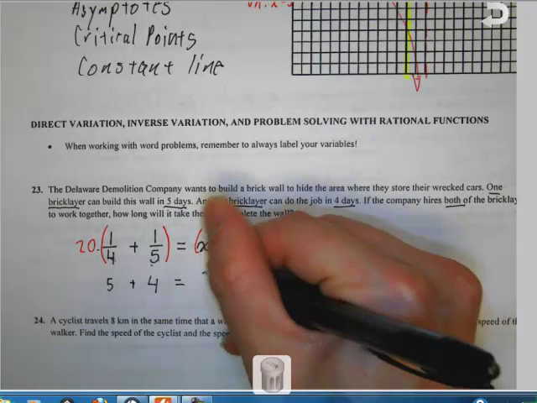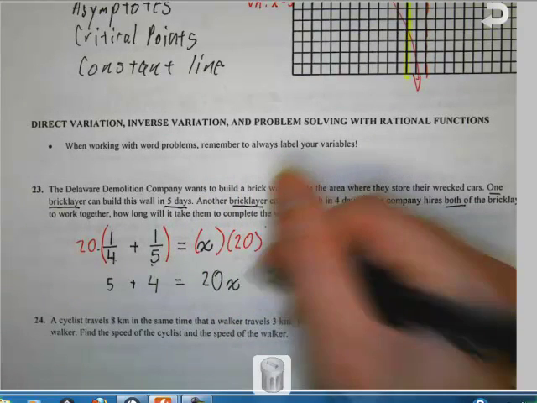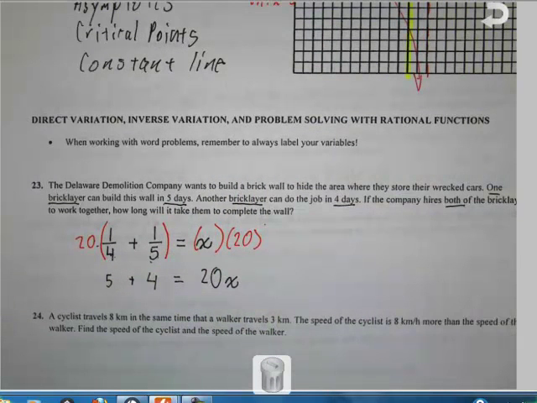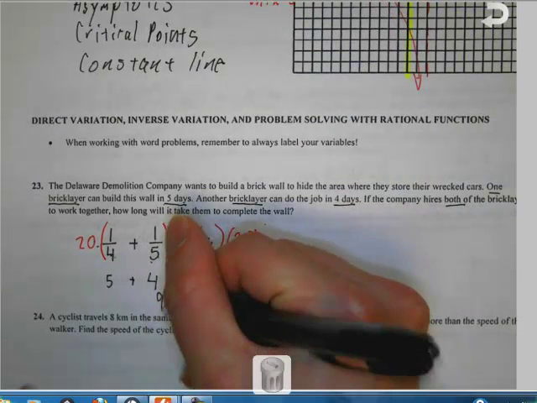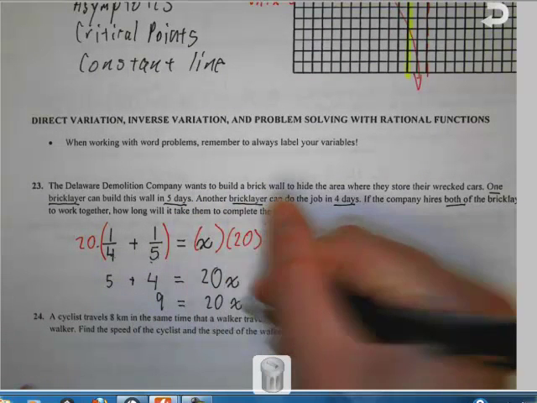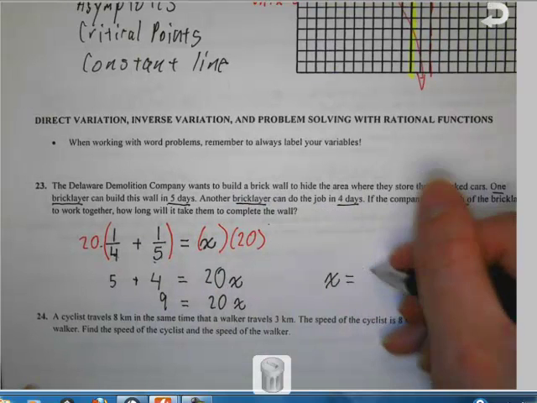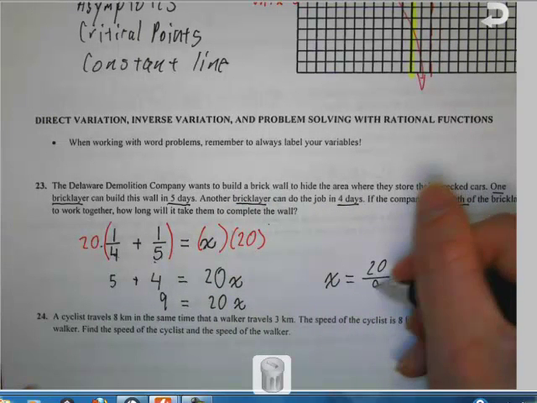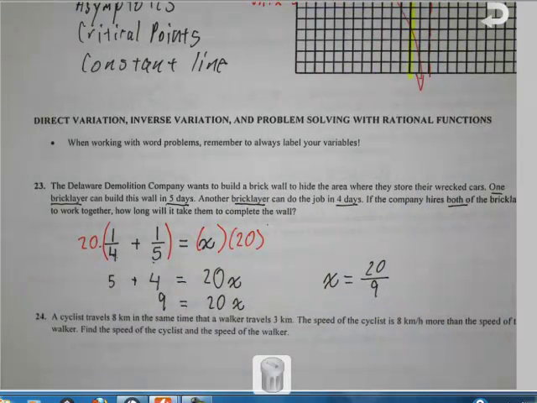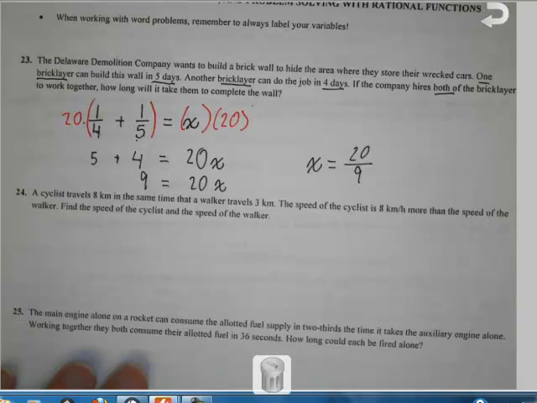Then you have 20x. You add them up, and 9 is equal to 20x. So x is equal to 20 over 9. And that's it. It's an ugly number, but it works.